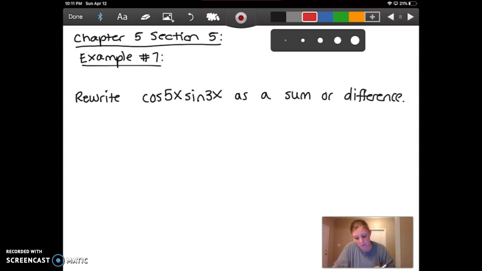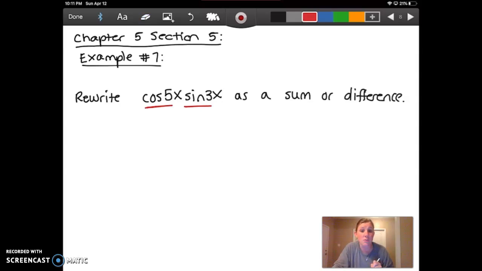All right, so I first need to recognize that I have a product here: cosine 5x times sine 3x. In your product to sum, you're going to look for something that has cosine times sine, not sine times cosine. Those seem very similar, and you know that 2 times 3 and 3 times 2 give you the same answer, but that is not true for trigonometry. The order does matter.